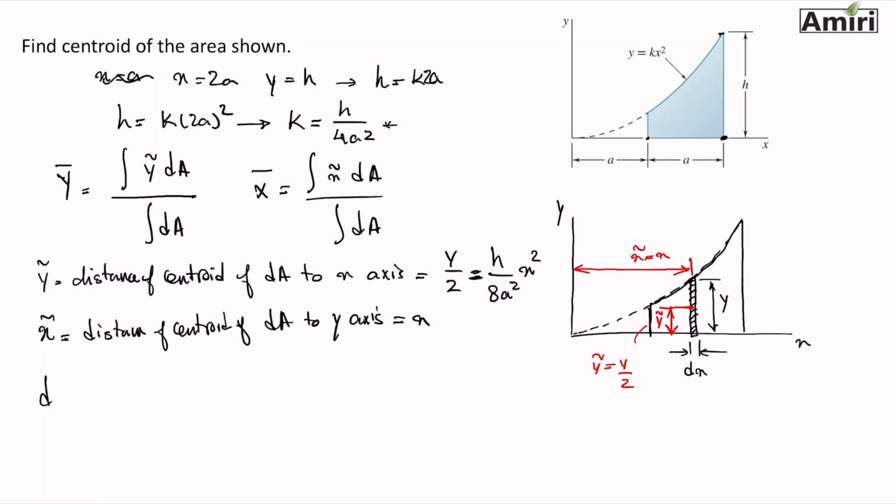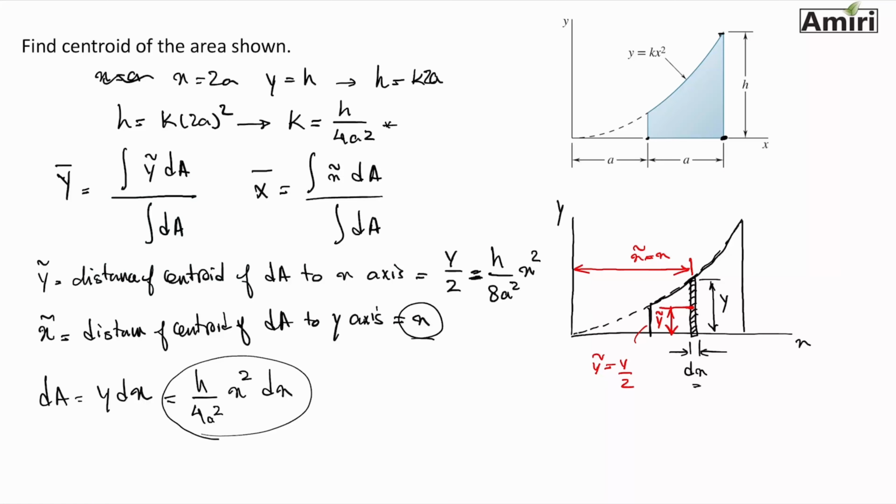And then dA is that differential area, so I have dx multiplied by y, so it's y dx. Let's plug y in here right away. So it is h over 4a squared x squared dx.